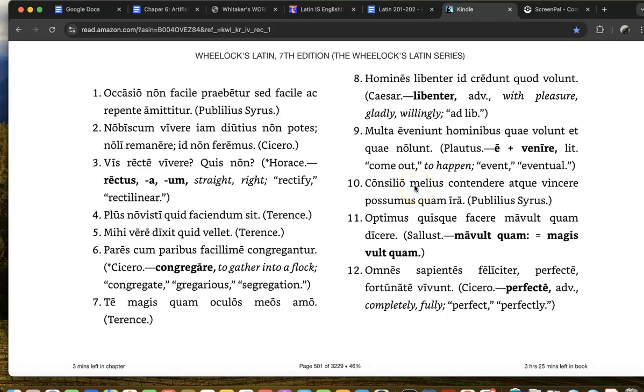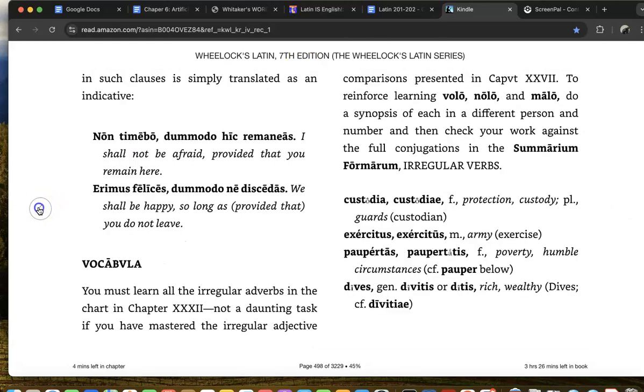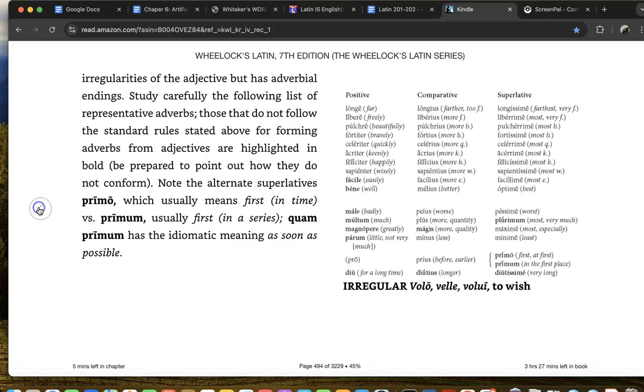So melius is our, go back here to our chart. I think they have this one here somewhere. Right here. Yep. So there we go. So bene, melius, optime. And so melius means better. So there's our comparative adverb.